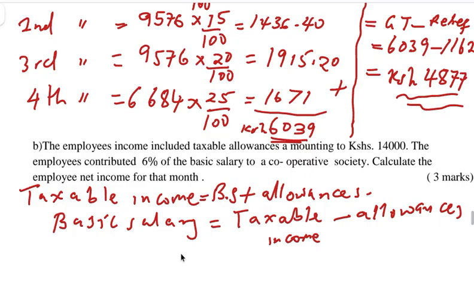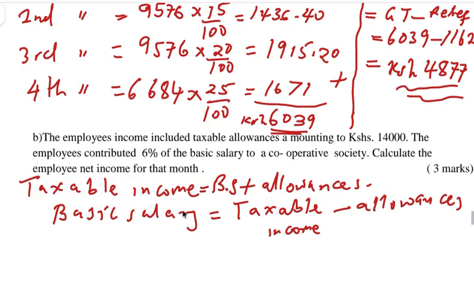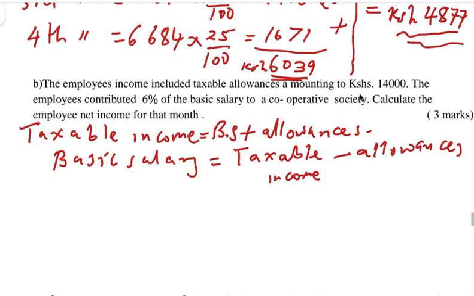So let's say sasa your taxable income ni 36,000 minus hizo allowances zote, ukisubtract, minus 14,000 itakupa around 22,000.